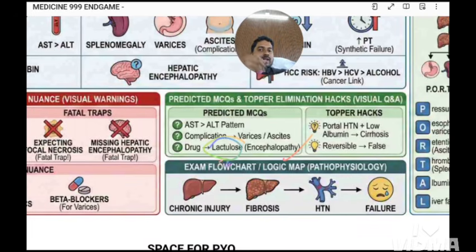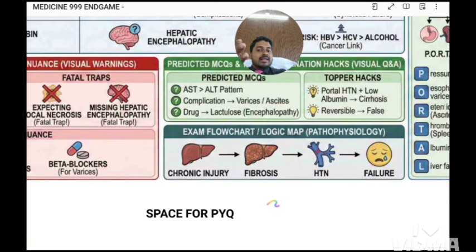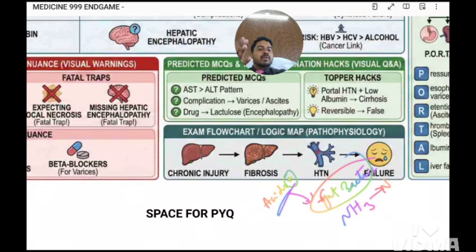Now what will lactulose do? Lactulose will be in the gut. In the gut it will stimulate production of some acids which will be useful for the gut bacteria. So gut bacteria will actually convert ammonia to ammonium, because everything that happens in hepatic failure is because of ammonia. Remember, the liver is the site of detoxification of ammonia.